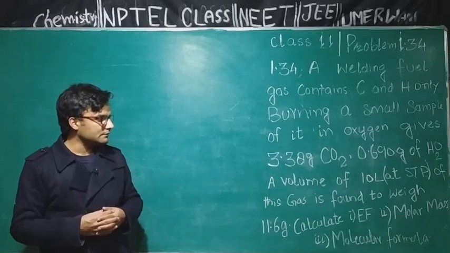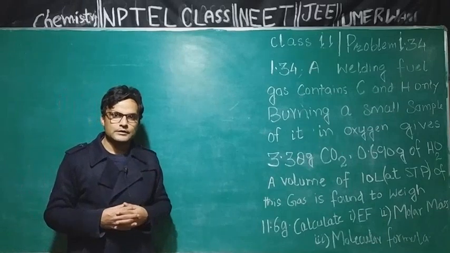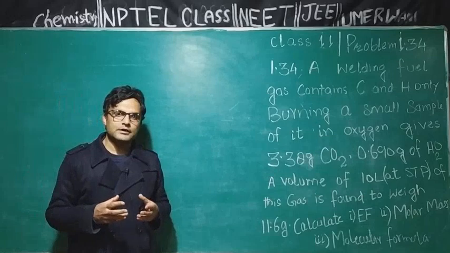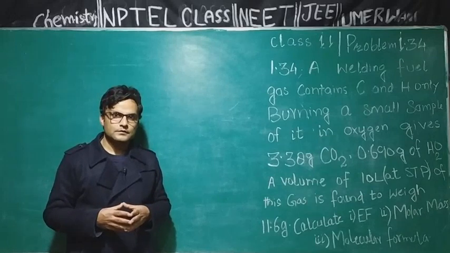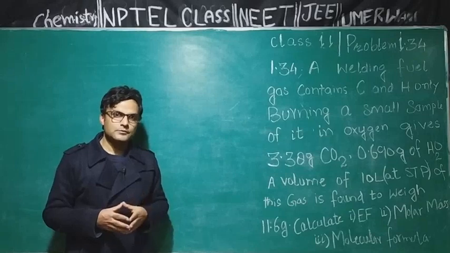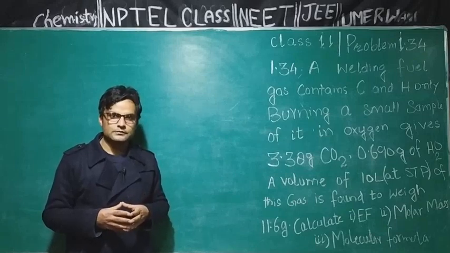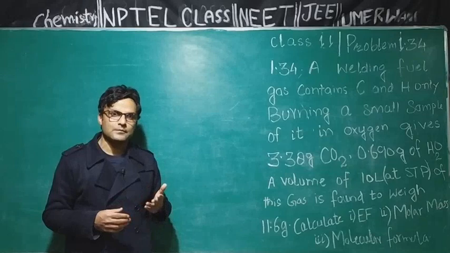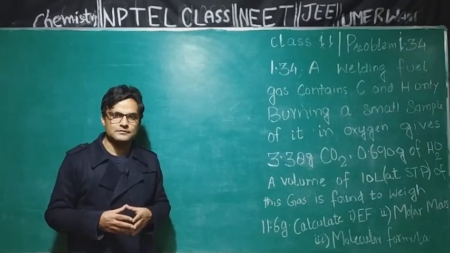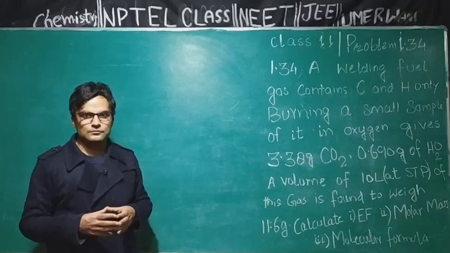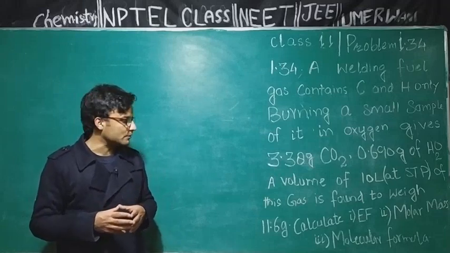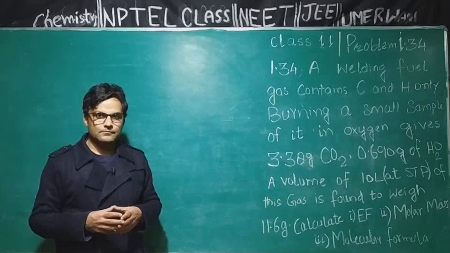Next idea is that gases obey Avogadro Principle, and as per Avogadro Principle 1 mole of gas at STP occupies volume of 22.4 liters, has mass equal to its gram molecular mass and contains 6.022 into 10 raised to power 23 molecules. I don't need molecules here, I don't need mass here.